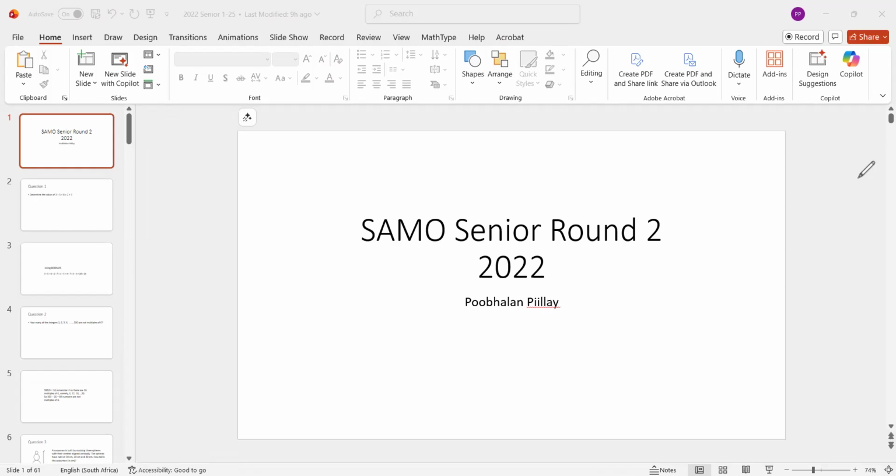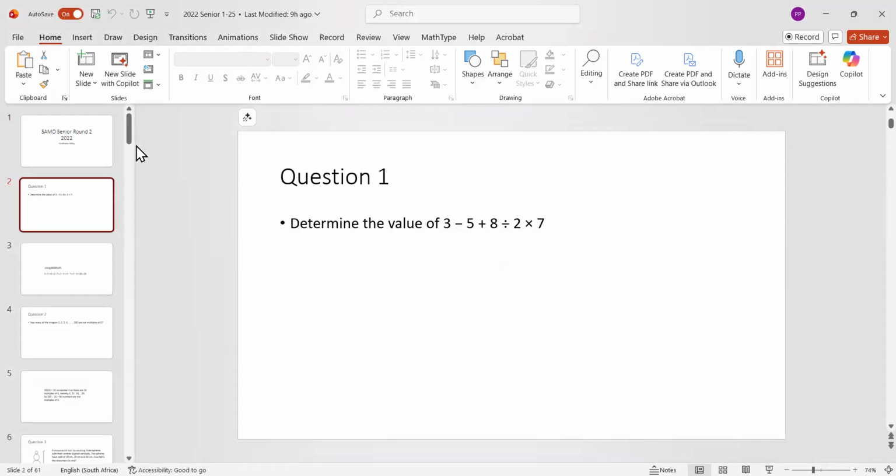It is the paper that was set for the National Mathematics Olympiad for the seniors, grades 10 to 12, the second round of that competition. So with those few introductory remarks, we will go straight to the paper in question.